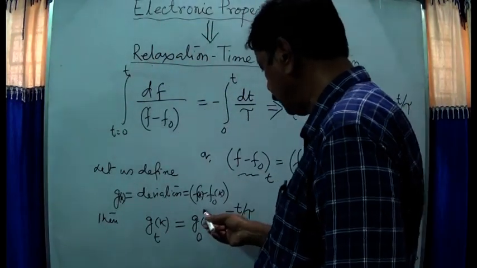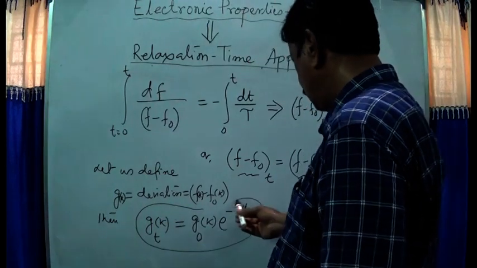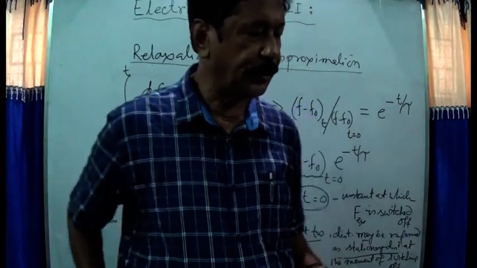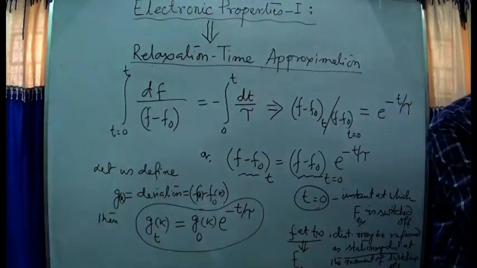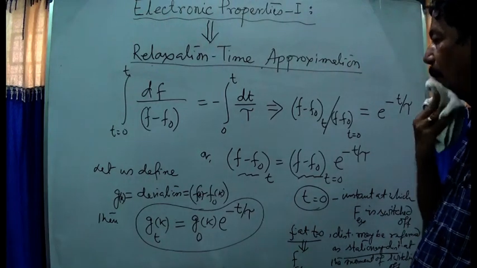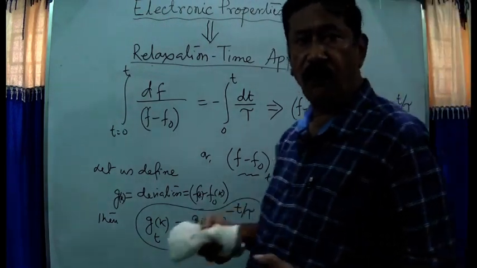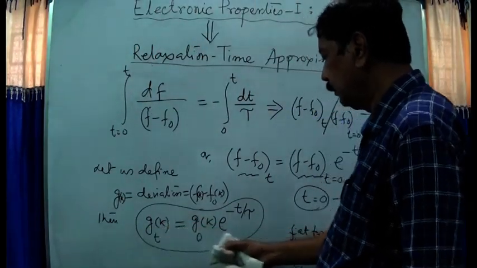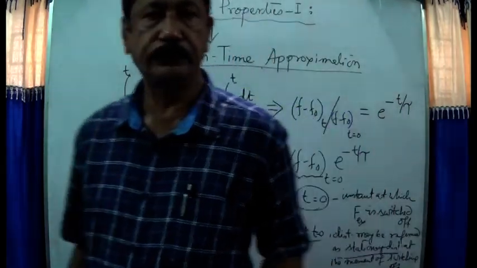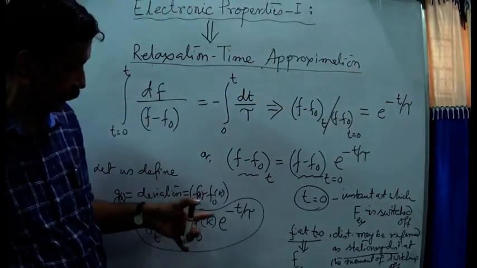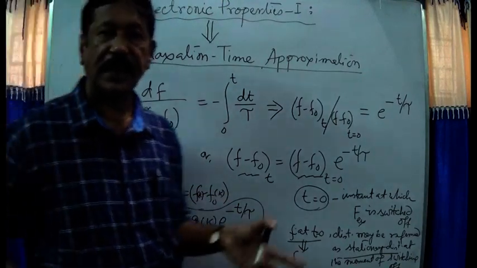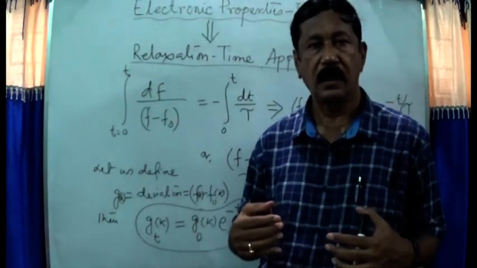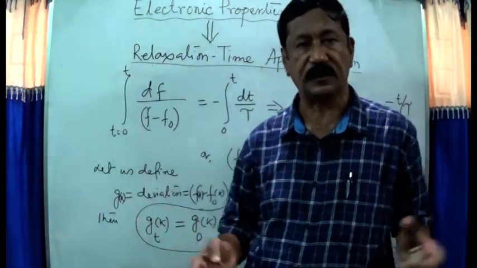So this relation tells us that the deviation of the distribution function from its equilibrium value decays exponentially with time, and this decaying factor arises out of the physical processes which are called the scattering process. Right?